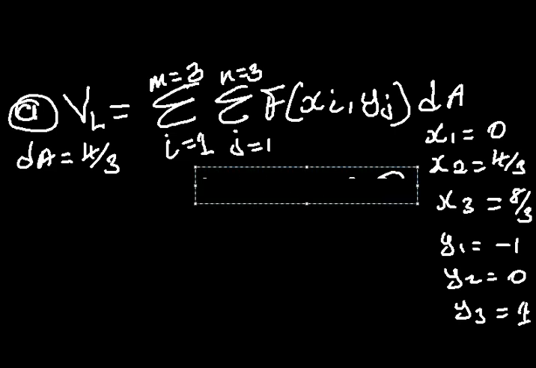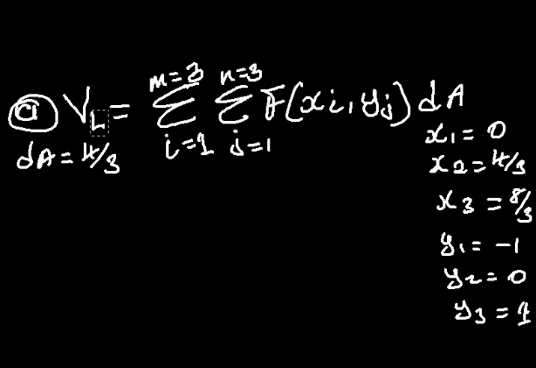Only that now we'll have to evaluate the volume considering the midpoints in that way. And also here we'll have it as x bar and y bar, showing that we are considering the midpoints in that way. But everything remains the same until you have to calculate the dA. The value of the dA will be the same.